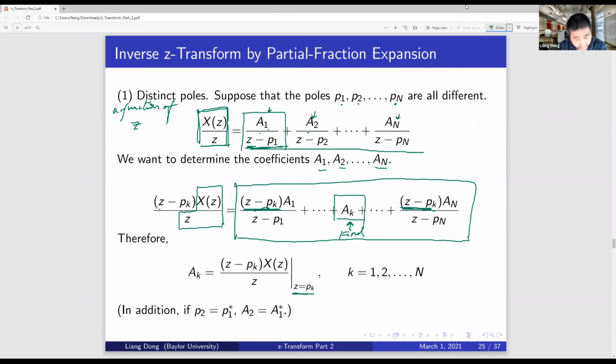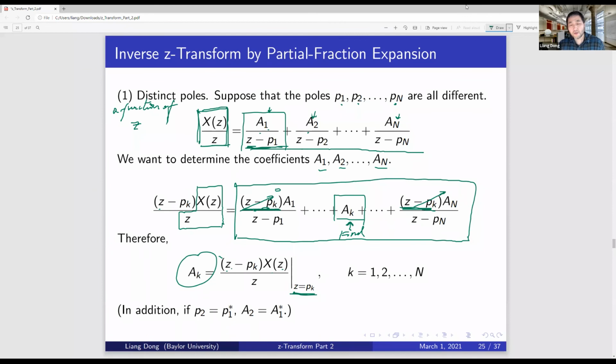So you plug in z equal to p sub k, and then this factor becomes 0, and all these other terms are canceled out. What is left is only the coefficient a sub k. So I have this function, X(z) over z multiplied by z subtract p sub k, evaluated at z equal to p sub k, and then you find the coefficient a sub k. All the other terms cancel out.